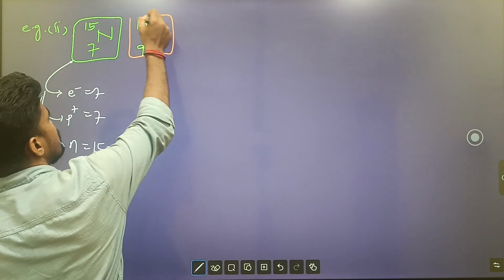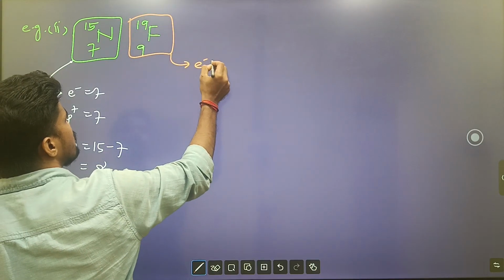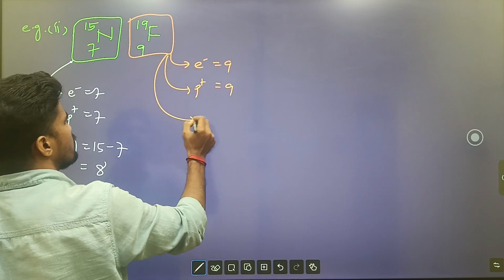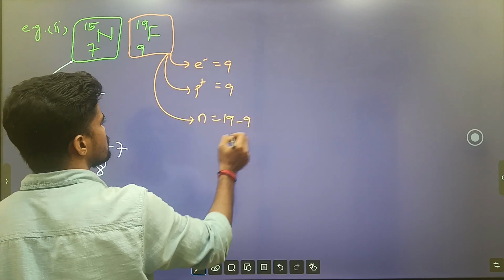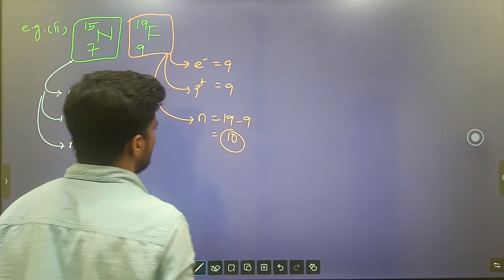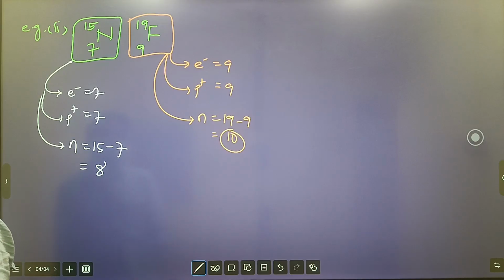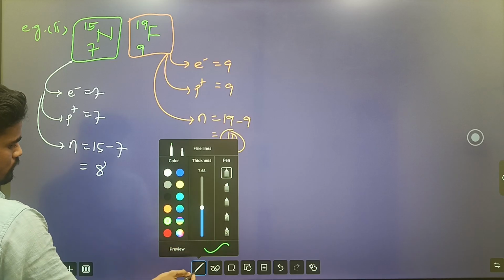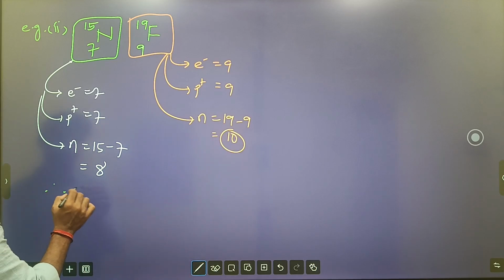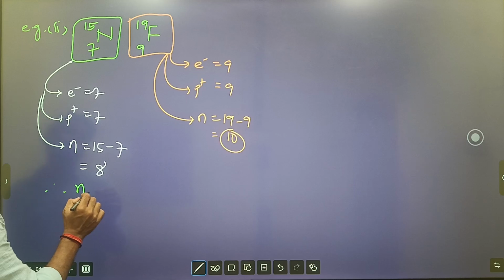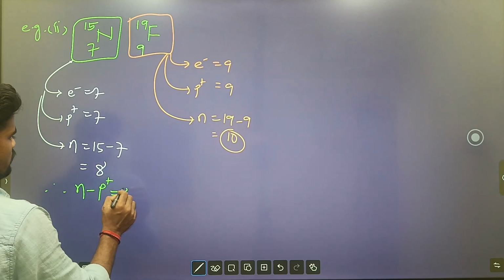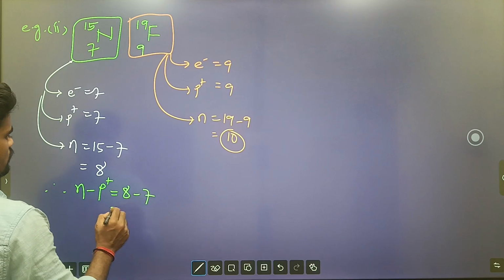Now in fluorine, electrons are 9, protons also 9, and neutrons come out 19 minus 9 equal to 10. Therefore, the number of neutrons minus protons is 8 minus 7, so 1.